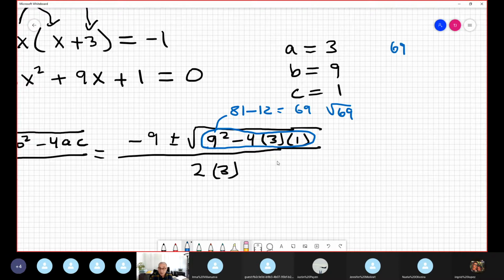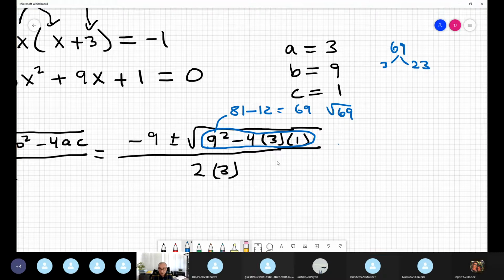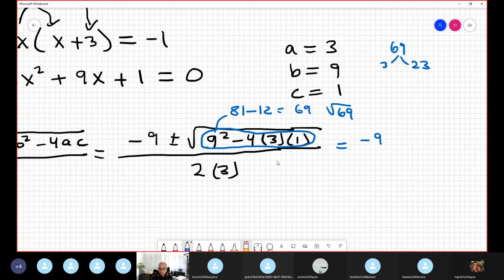69 is a number divisible by 3. By 2, no. But by 3, yes. It's 23 times 3. And 23 and 3 both are prime numbers, so we have no way to simplify, and we leave it like that. So negative 9 plus or minus square root of 69, divided by 6. And this is the answer. Well, the answer you can, if you want, separate into pieces, no?